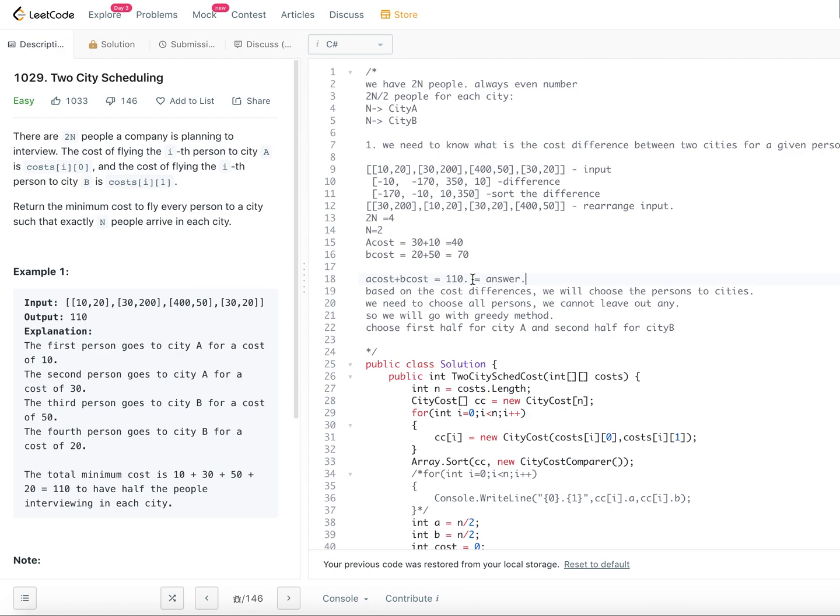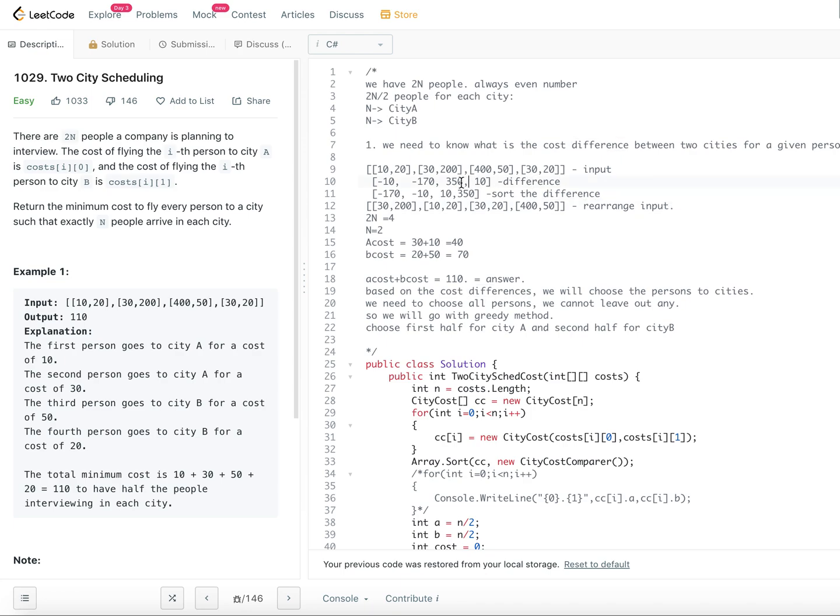So hope that helped. Let's go ahead and look at the code for this. It's going to follow exactly the same approach. Before jumping into the code, there is some process we have to understand for how to do this rearranging of the input and sorting the difference.